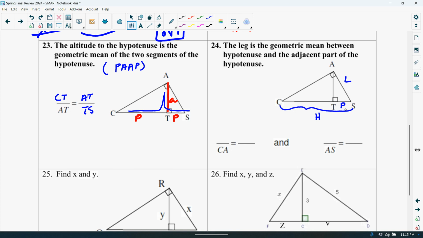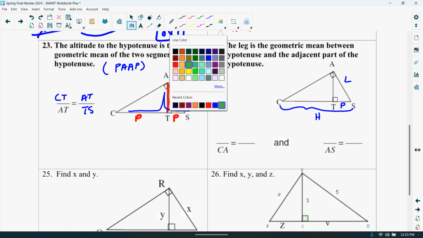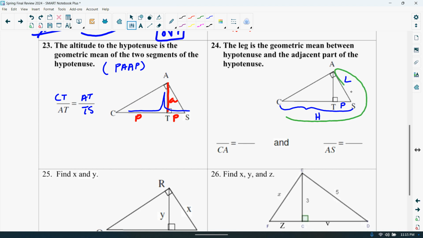Whenever we have the hypotenuse, we call this our boomerang method. We can do it to the small leg here, which is AS, so we're doing the whole hypotenuse. It was hypotenuse, leg, leg part. The whole hypotenuse is CS, it goes to AS, which is the leg, back down the leg AS to the adjacent part, which was TS.